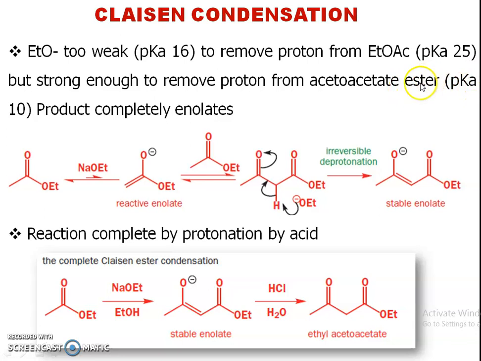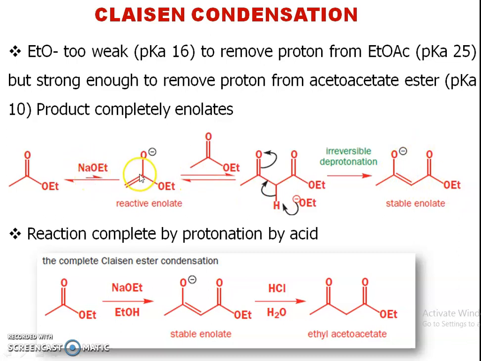But this ester's hydrogen pKa is 10, and ethoxide is good enough to enolate this structure. And finally a highly stable enolate will be formed. So this product will be formed in excess.